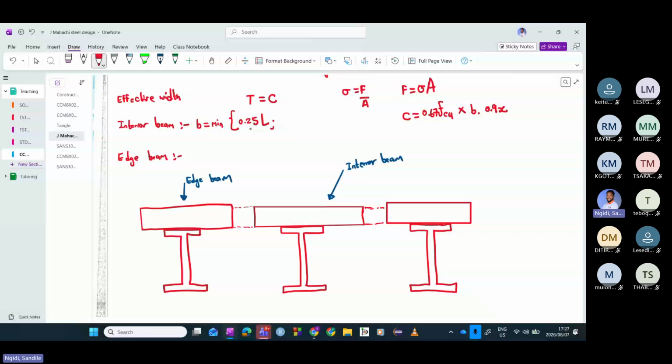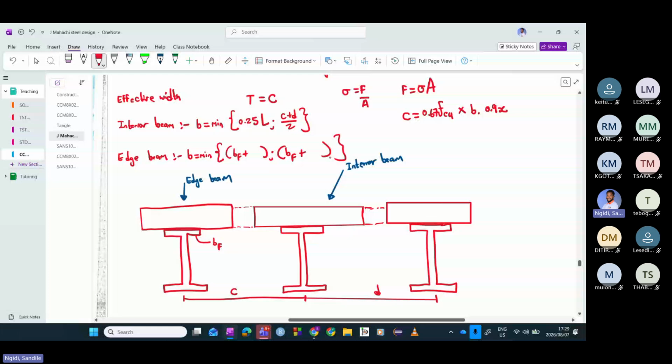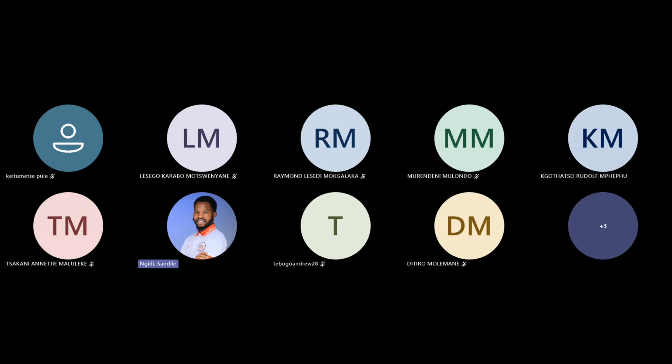I see a hand that is up. Did you lose the screen again? Yeah, your screen keeps freezing. Same here. Apologies, guys. Let me try to share again.